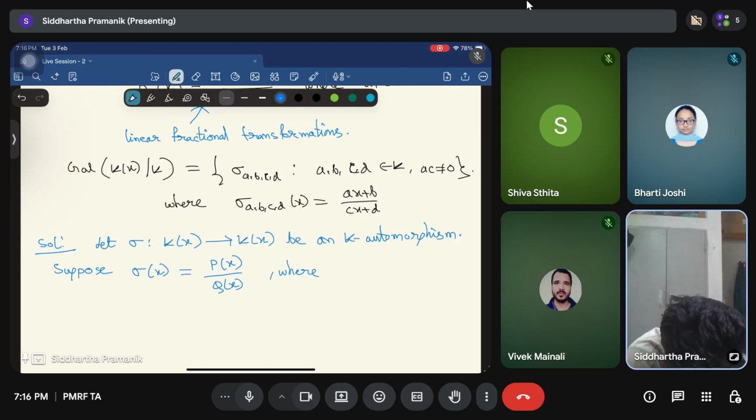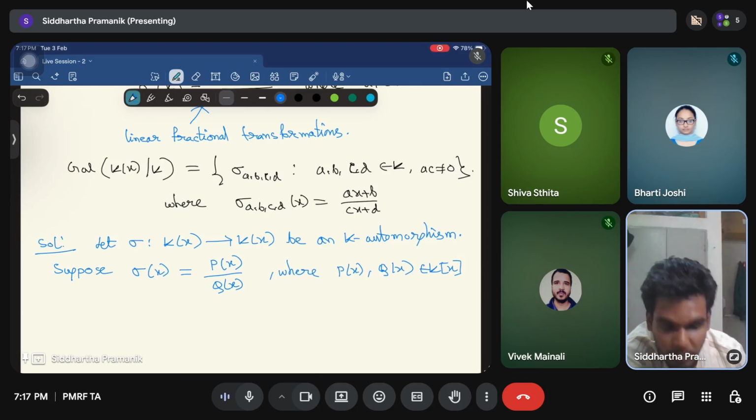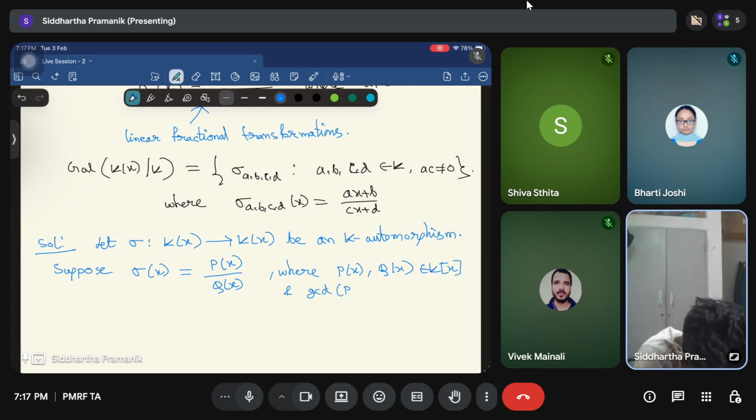Where p(x) and q(x) are polynomials, and they're relatively coprime. So we are cancelling out all the common factors, and obviously q(x) has to be non-zero, otherwise it will be undefined.